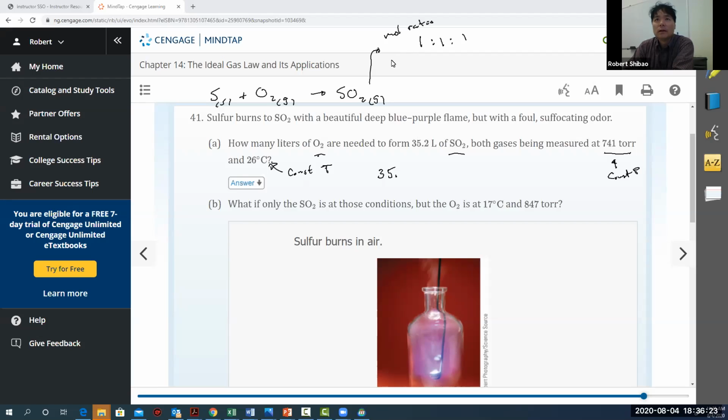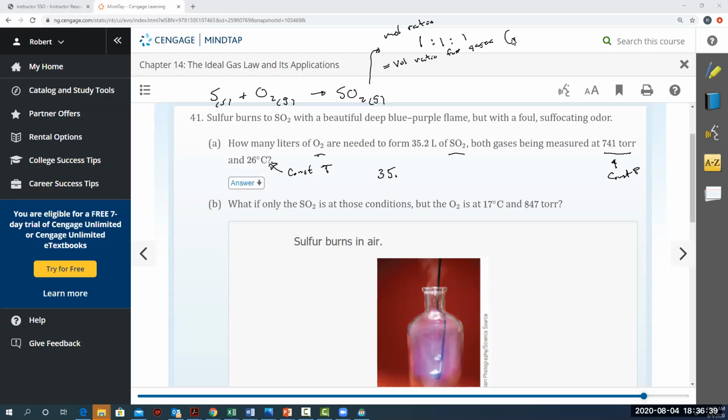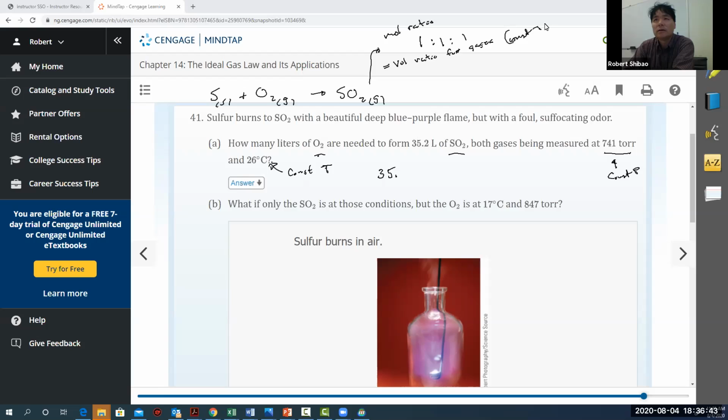Now, the mole ratio equals the volume ratio for gases at constant T and P, temperature and pressure. So at constant temperature and pressure, it's equal to the volume ratio.